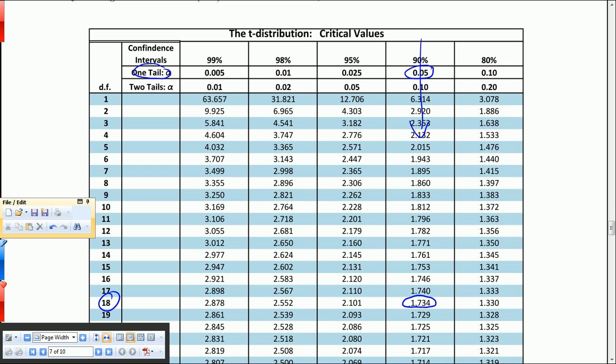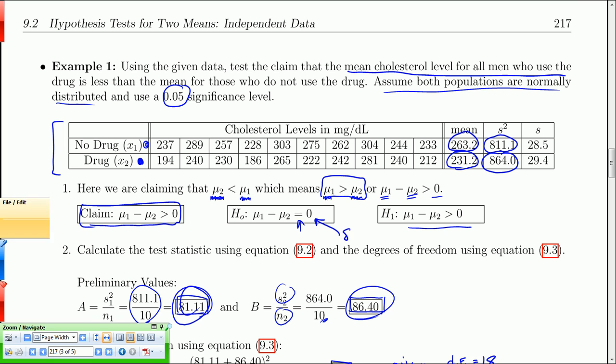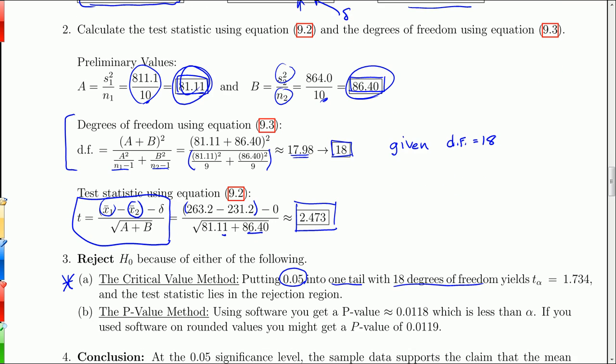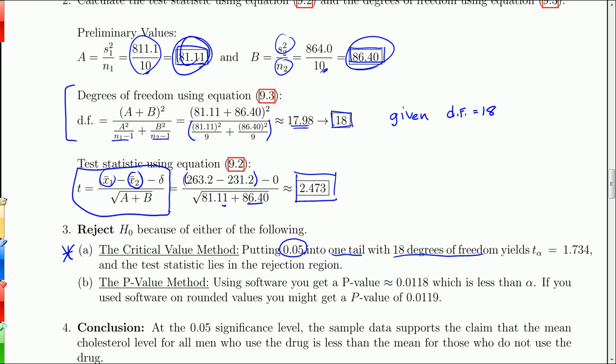That's my critical value. I didn't draw the distribution, but it's a t distribution, and the critical value is 1.734, so the rejection region is everything to the right of there.